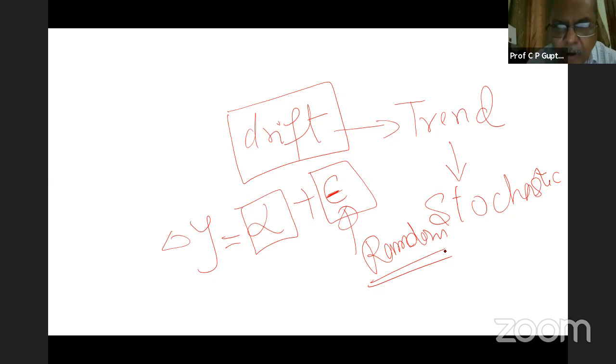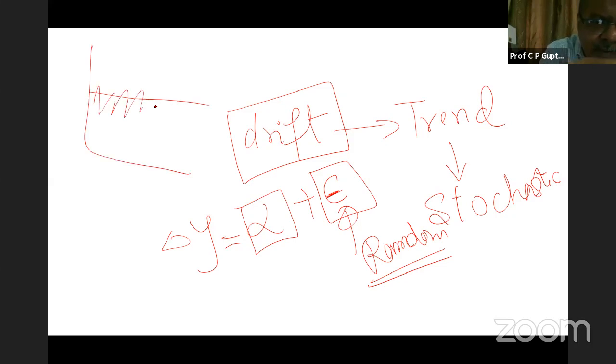Sonalika is asking how do we get an idea about intercept and trend. For that, you have to make a graph, and the graph will give you a hint whether the series is having a trend or not. So, for example, return data, which behaves like this, doesn't have a trend, but returns can never be zero.